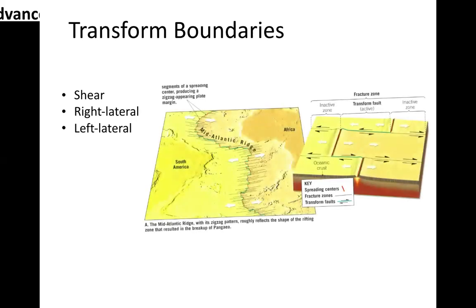Transform boundaries accommodate lateral shear between plates, and the primary faulting type is strike slip. It can either be right lateral or left lateral. Convergent boundaries occur in regions of compression, and there are three primary types.